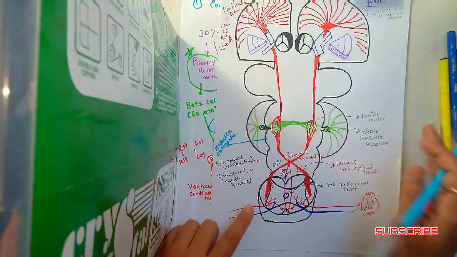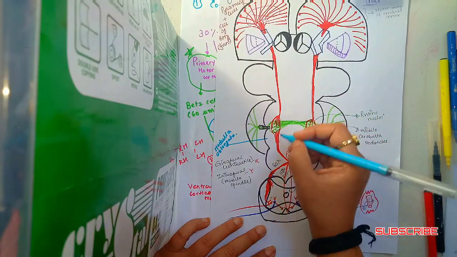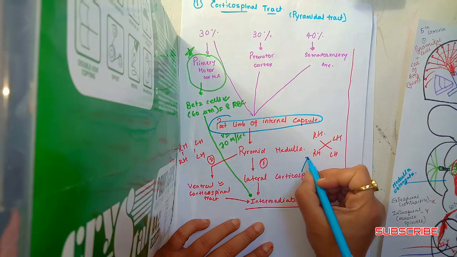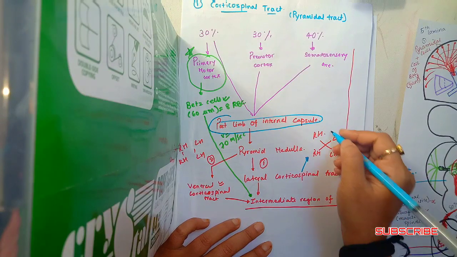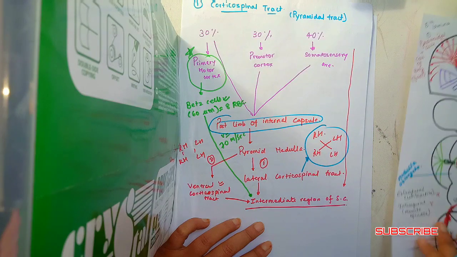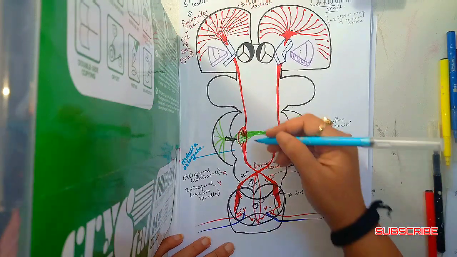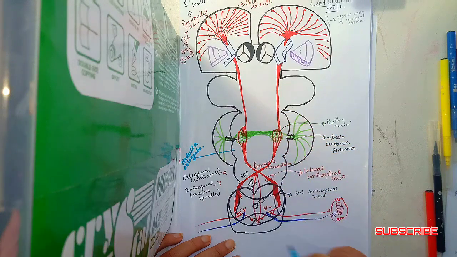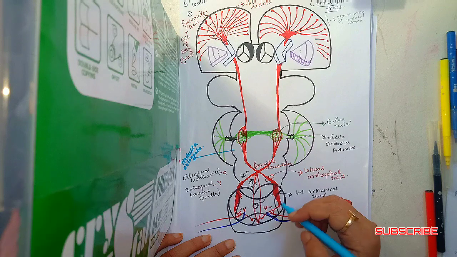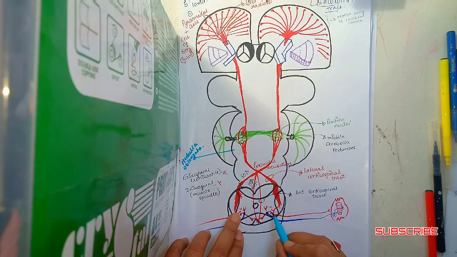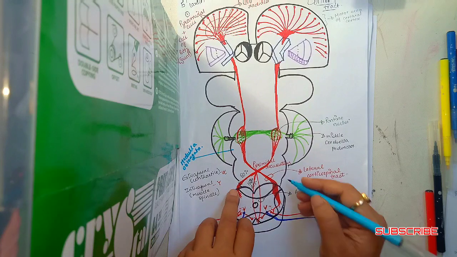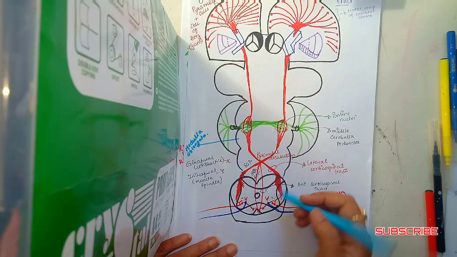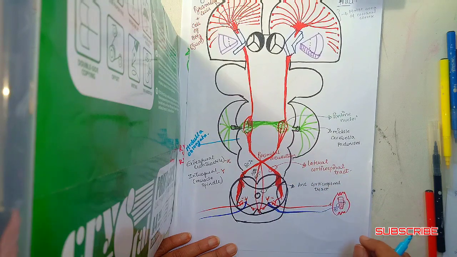After that, here you can see the crossing of the fibers, like I said before. If it goes to the lateral corticospinal tract, then there will be the crossing of the fibers, right? So the same way they cross each other and go to the intermediate region of the spinal cord. Sometimes they go on the anterior side of the spinal cord, or from the posterior side to the intermediate region, but mostly to the intermediate region of the spinal cord.